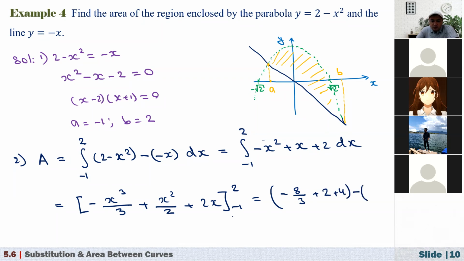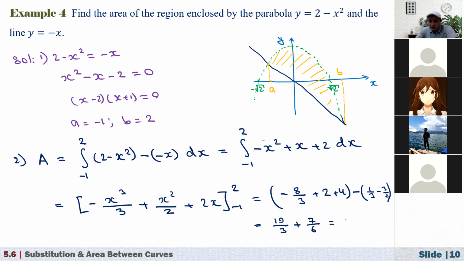Minus, when it's -1, here we have 1 over 3, 1 over 3, and the 1 over 2 minus 2, right? That's equal to just minus 3 over 2, minus 3 over 2, which is equal to, here we have 6, 18, 18 minus 8, so that's equal to 10 over 3, minus, and 2 minus 9, minus 7, so this plus 7 over 6.